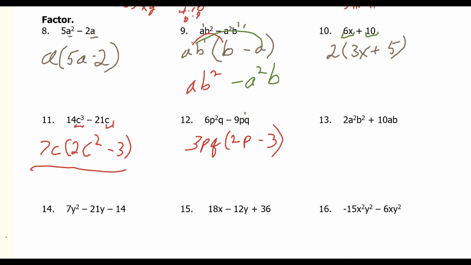Alright? Now, number 13. Number 13, that's going to be 2a squared b squared plus 10ab. Biggest number that will go into both 10 and 2. Well, that's going to be 2. And then, let's see, lowest exponent is a and b.